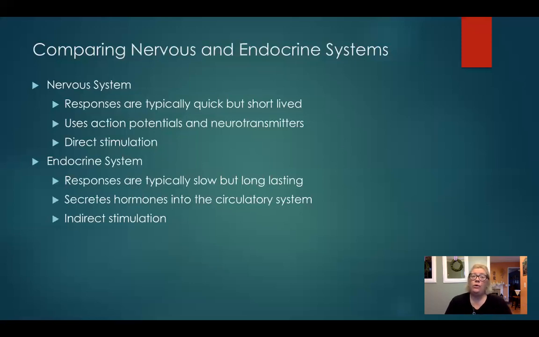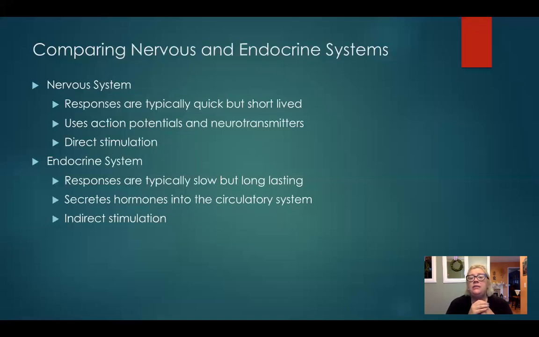For those of you who are not familiar with those terms, action potential is a fancy name for the electrical impulses that we see traveling down nerve cells. And neurotransmitters are a type of chemical that is going to be used to transmit messages from nerve cell to nerve cell.